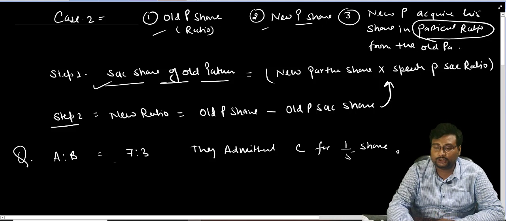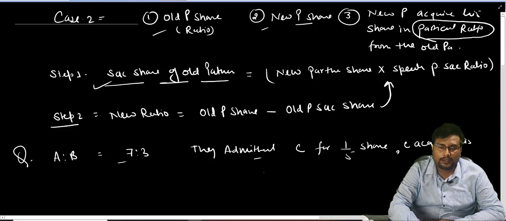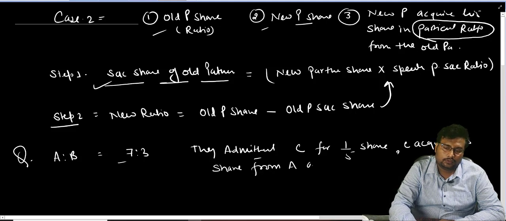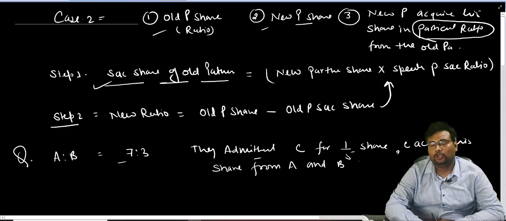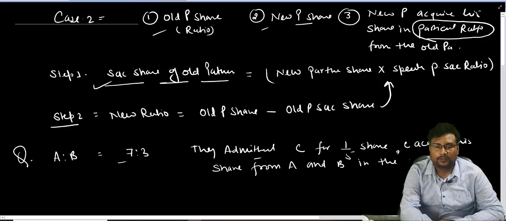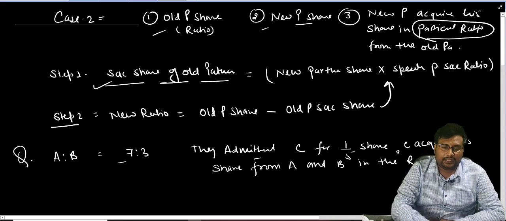Now look, beta, these are the 2 pieces of information, case number 1. But now a third piece of information is there for calculating the new profit sharing ratio, that C acquires his share from A and B in the ratio 2:1.